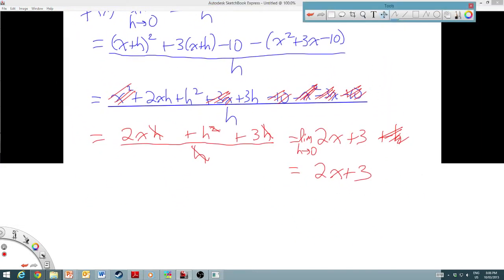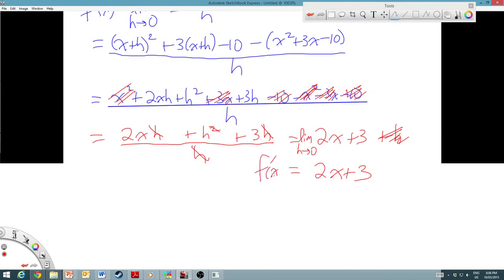So this is f prime of x, the derivative of f of x. Basically this is the equation of the slope of the tangent line of that parabola.